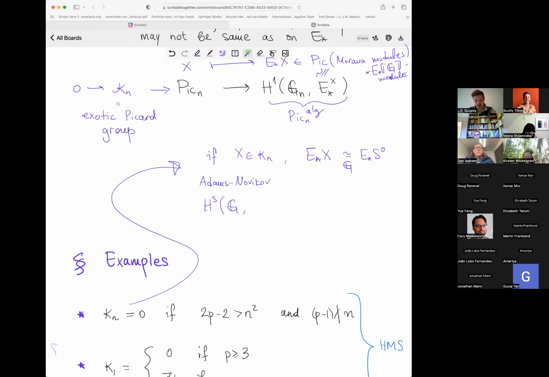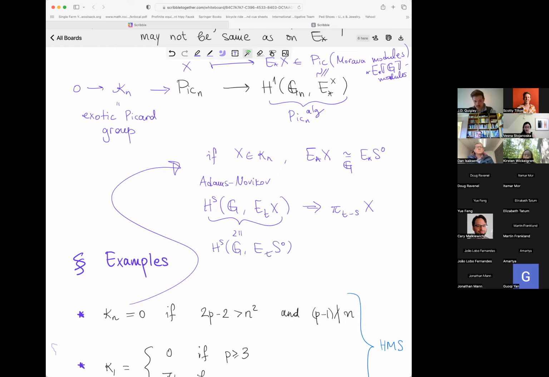We have the continuous group cohomology of the E homology of X, and it's going to be computed by T minus S of X. So the E2 page is then isomorphic to the E2 page for the sphere.